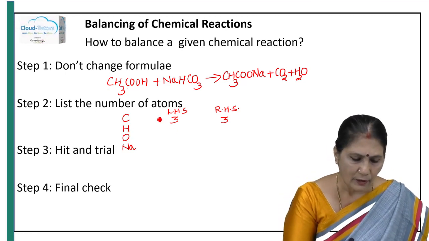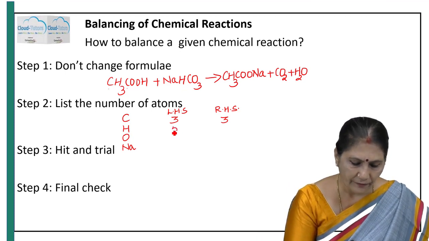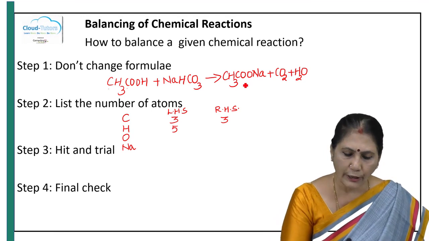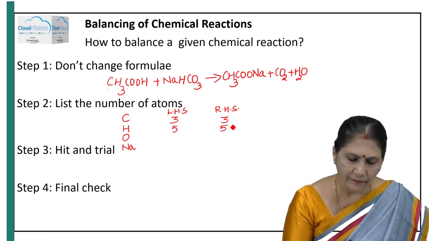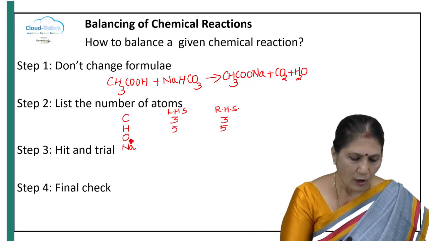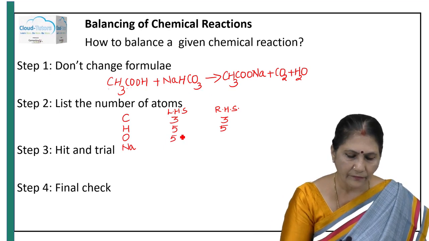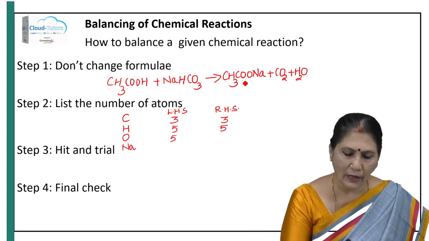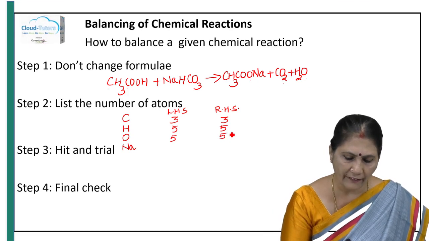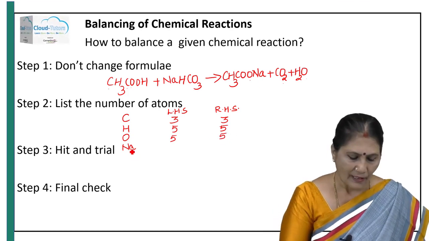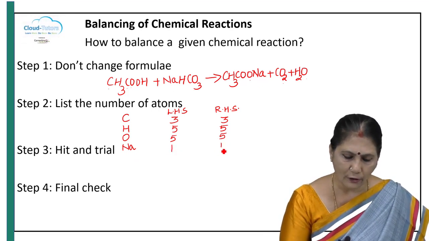Next, hydrogen: 3 plus 1, 4 plus 1, 5. On the product side, 3 plus 2, it is 5. Now, oxygen: we have 2 plus 3, 5. Over here, you have 2 plus 2, 4 plus 1, 5. Sodium, here it is 1. Here on the product side also it is 1.